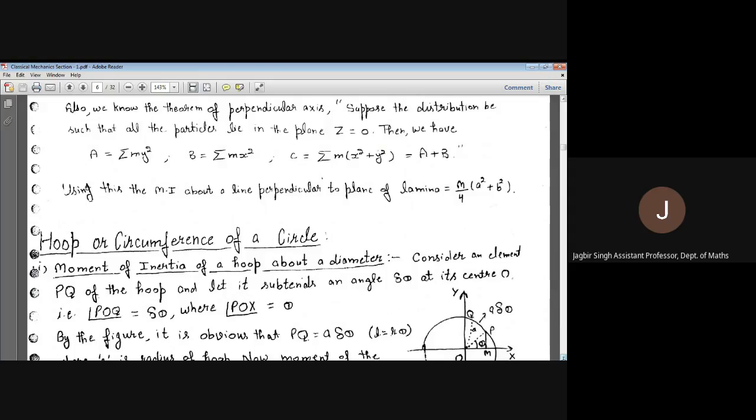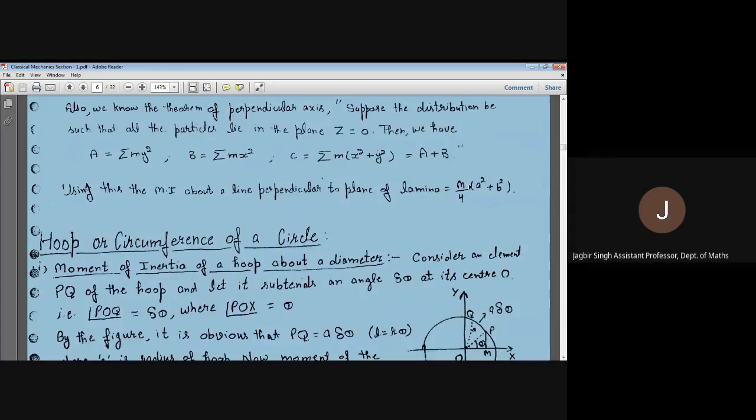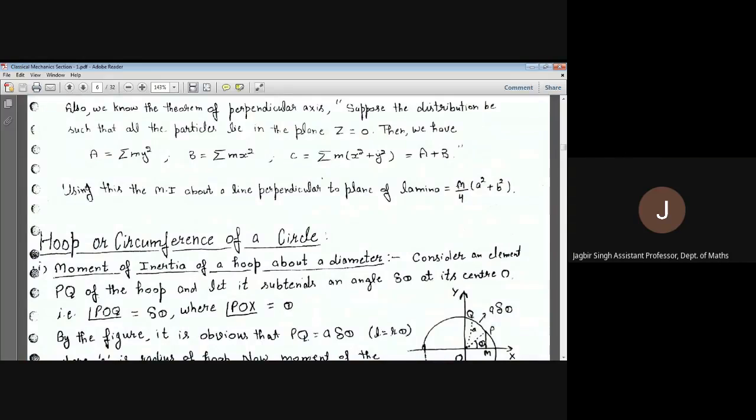So the moment of inertia of the circle about any of its diameters will be M by 4 A square, and about a line passing through its center and perpendicular to its plane it will be M by 4 A square plus A square, so it will be M A square by 2.